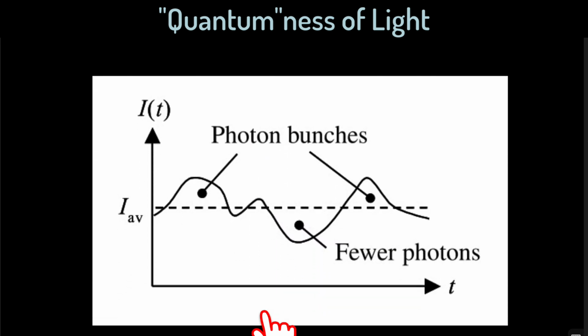How do photon bunches look? If one considers intensity as a function of time, the average intensity can be associated with this dotted line, whereas the stream of light has this fluctuation in the intensity.